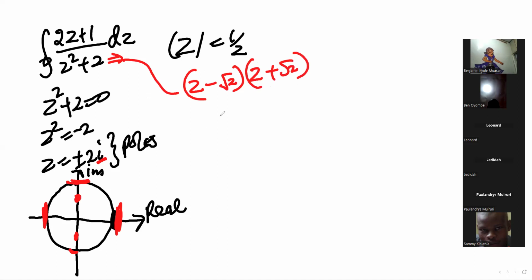So in this case, our answer is 2 pi i, then you're going to have 2z plus 1 divided by, if we are using the one that is minus here, you're going to have the one that is positive, z minus square root of 2.